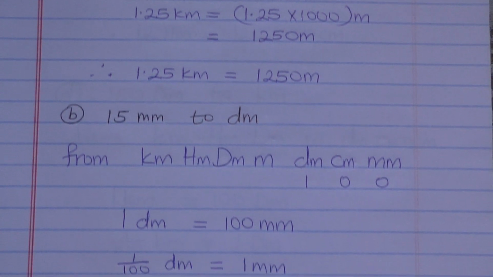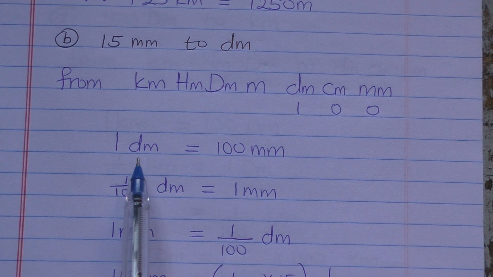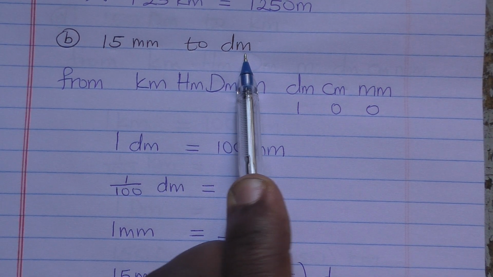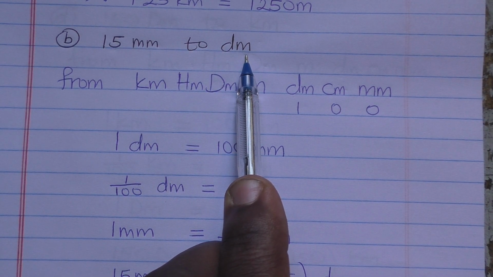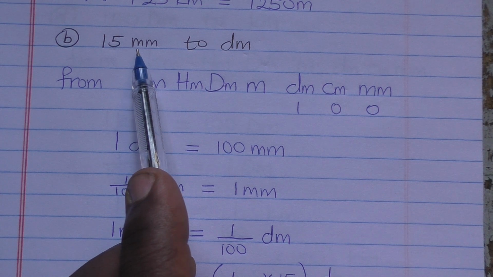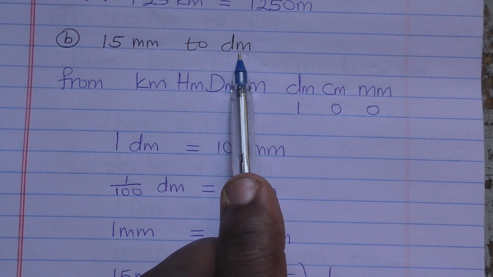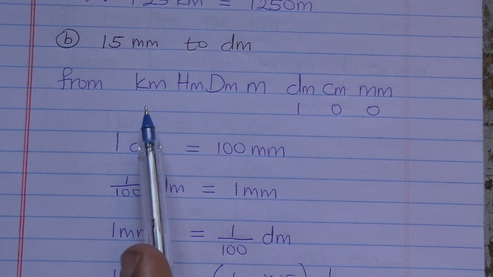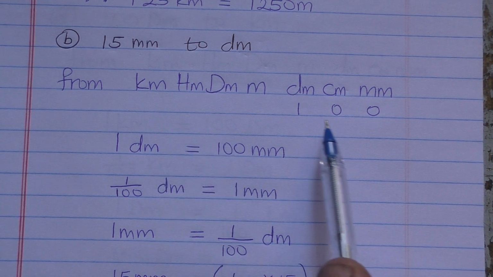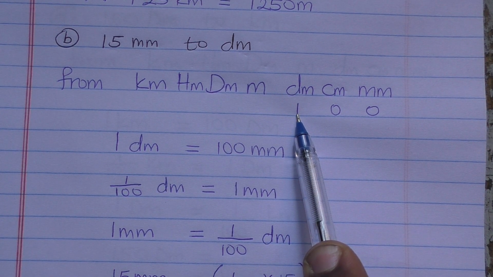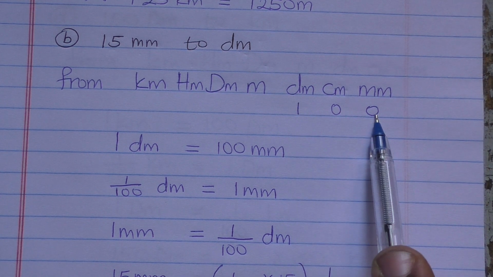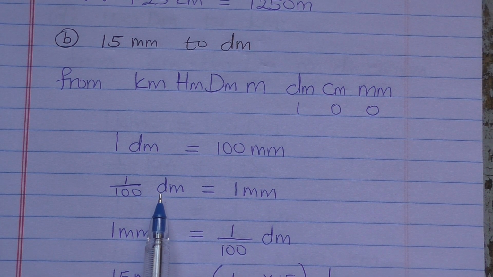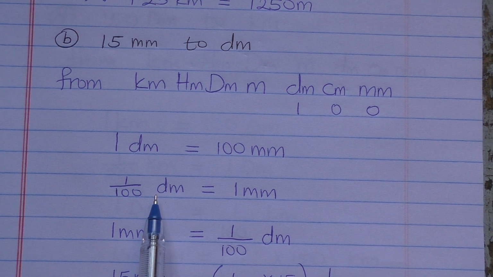Part B, we have converting from millimeters to decimeters. Millimeter is smaller than decimeter, and that implies that I'm converting from a small unit to a bigger unit. Therefore, I will divide. From my formula, I see that 1 decimeter is equivalent to 100 millimeters. So I'll need to know the equivalent of 1 millimeter.